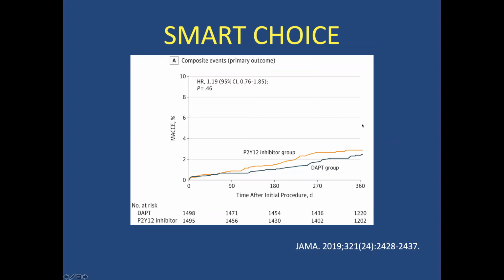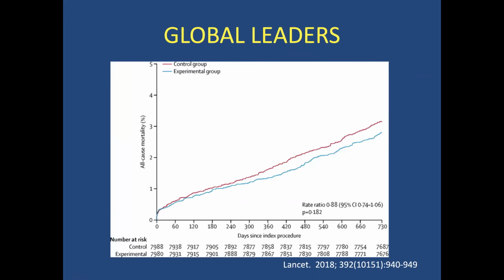There was no significant difference in the rate of vascular events with just clopidogrel as compared to dual antiplatelet therapy for a period of 12 months, with significantly less bleeding in the clopidogrel alone group. So those two trials, SMART-CHOICE and STOP-DAPT, looked at treatment with clopidogrel alone versus dual antiplatelet therapy.